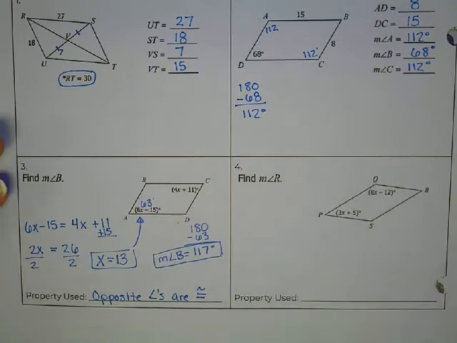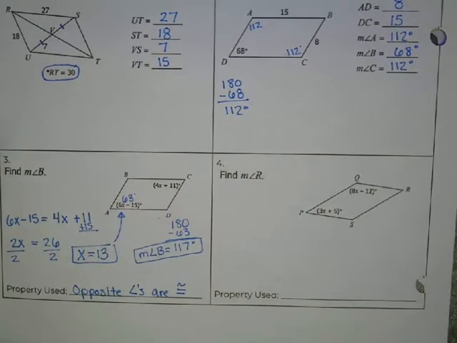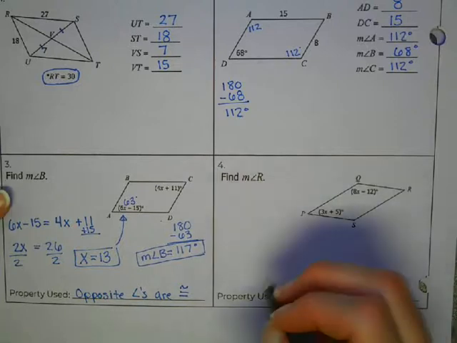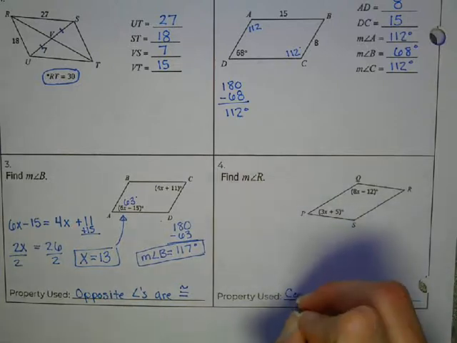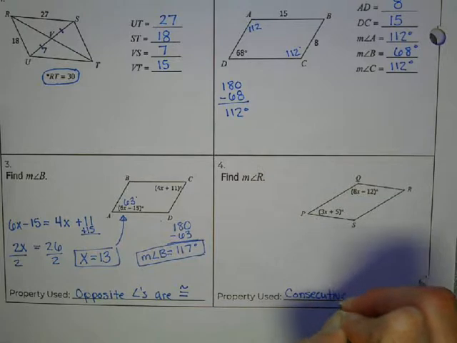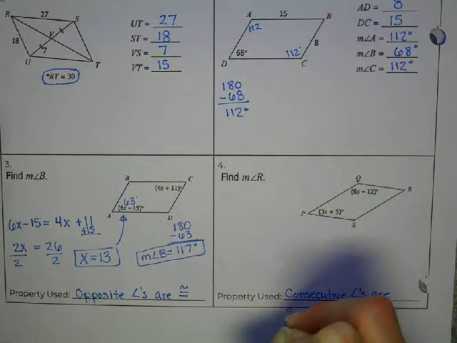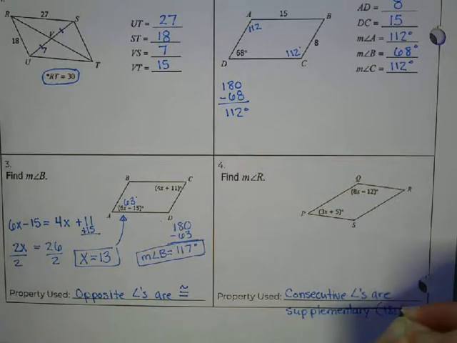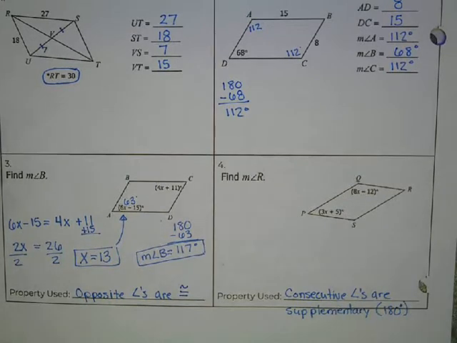Alright, the next one, P and Q are not opposite angles. P and Q are called consecutive angles. And at the top of the page, the property listed is consecutive angles are supplementary. And I didn't have enough room in my box, so I wrote it down here. Remember, supplementary means 180 degrees.